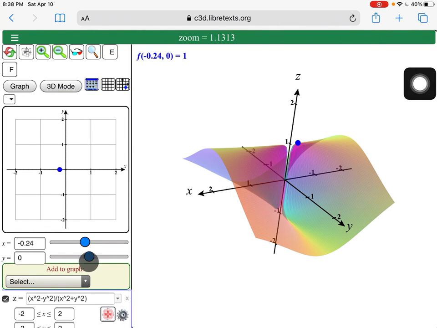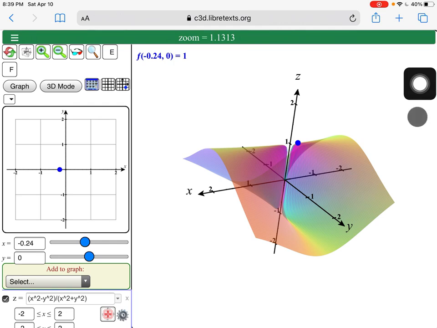So notice that I am going to leave y equals 0. I'm going to change x and leave y equals 0. So this is decreasing x. y equals 0 is the xz plane. So you can see these blue dots. Basically, it's going to move around the top of the function this way and then this way. Once we get close to 0, this is where the limitations of the program will be apparent.